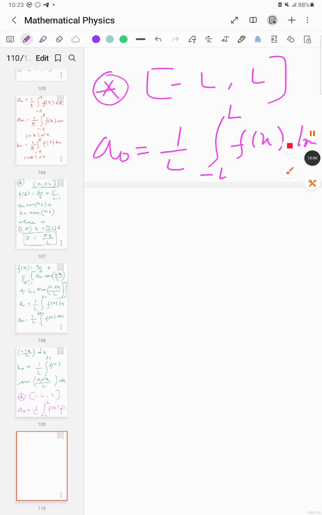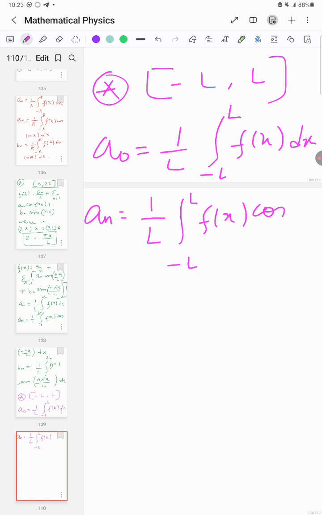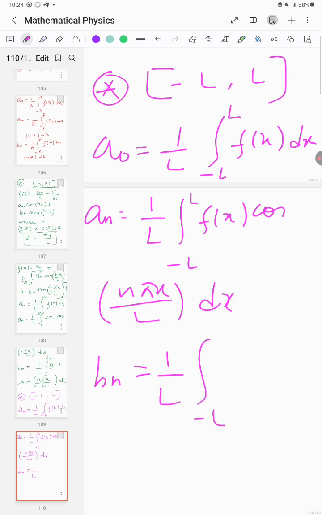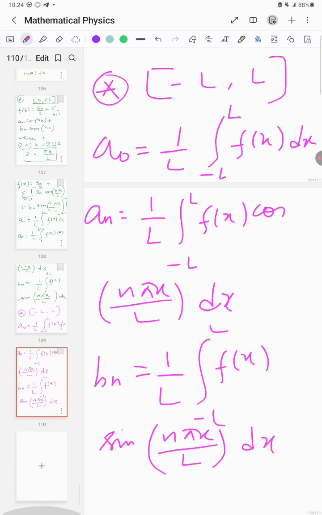How will a n change? So a n will change like 1 by L integral minus L to plus L f of x cos n pi x by L dx, and b n will change as 1 by L integral minus L to plus L f of x sine n pi x by L dx.